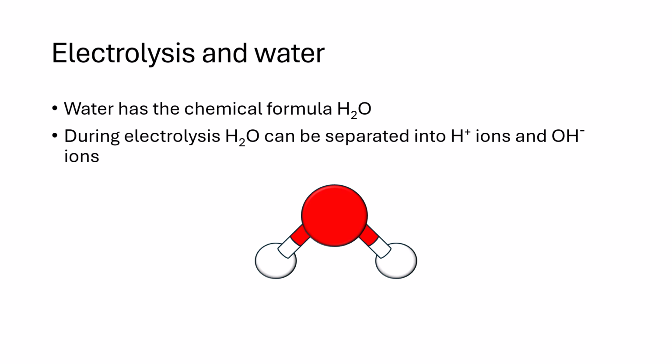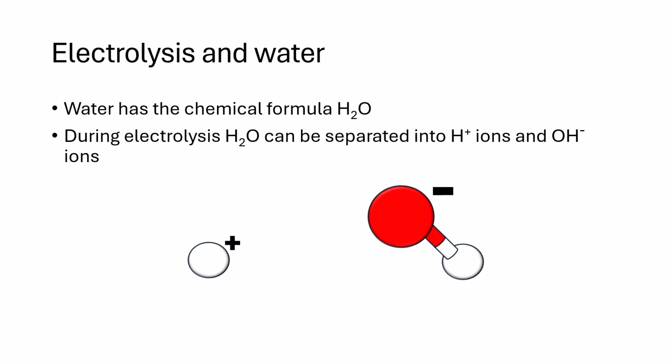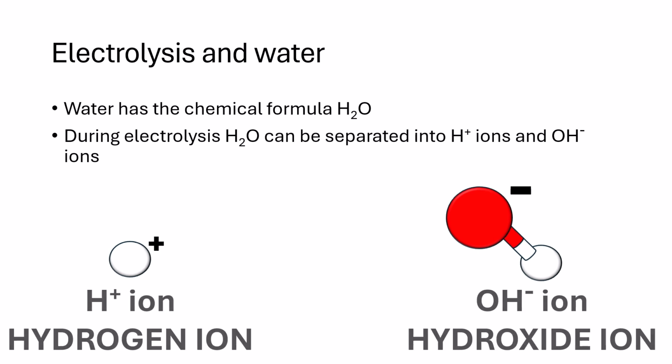When you put water molecules in there, we now end up with 2 positive and 2 negative, because when you do electrolysis with a soluble substance, the water molecules are separated into a positive hydrogen ion and a negative hydroxide ion. So as well as our metal and non-metal, we will have these H+ and OH- ions.